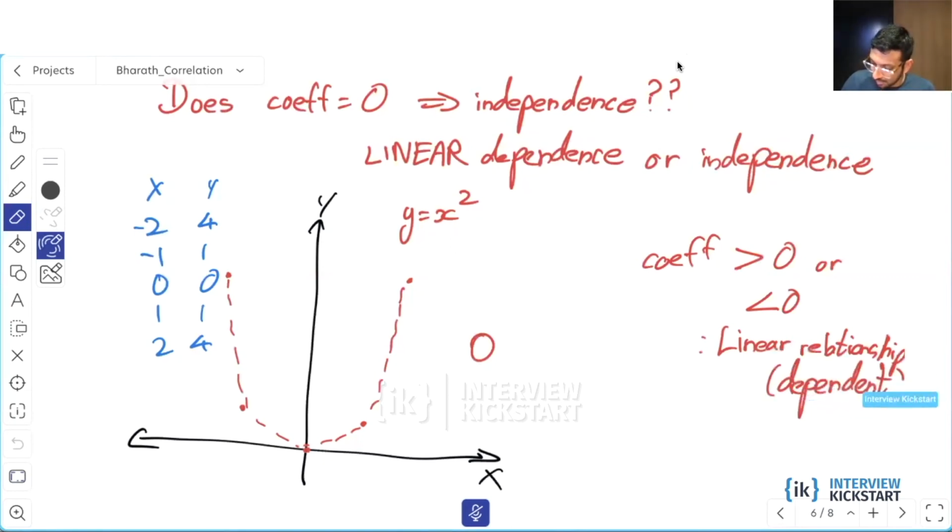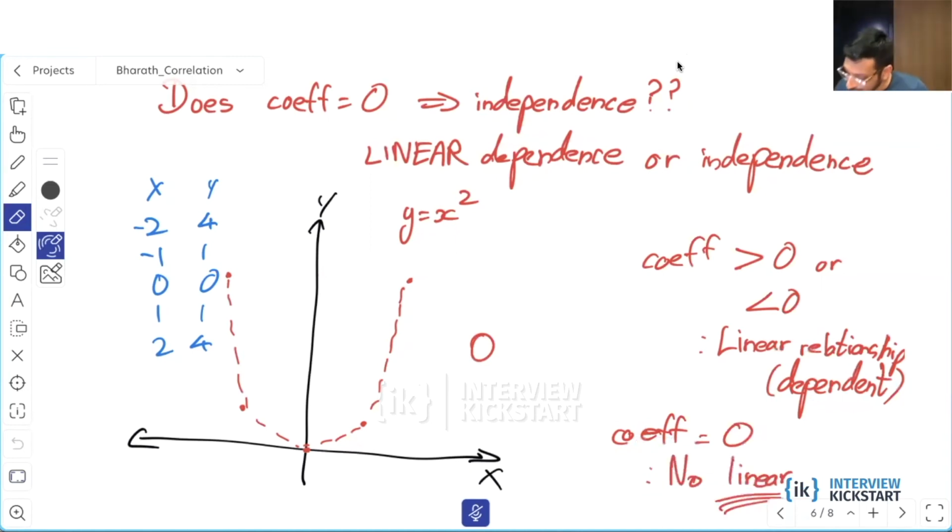But if the coefficient is equal to 0, all that means is that there is no linear, and I triple underline that word, relationship. That doesn't mean that there can't be other relationships.